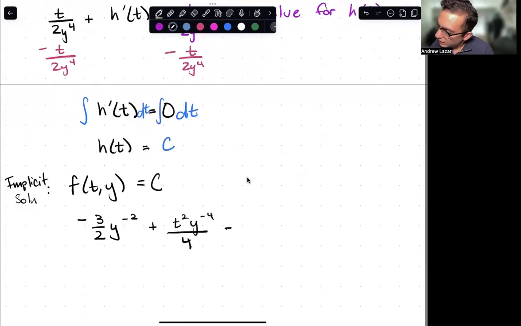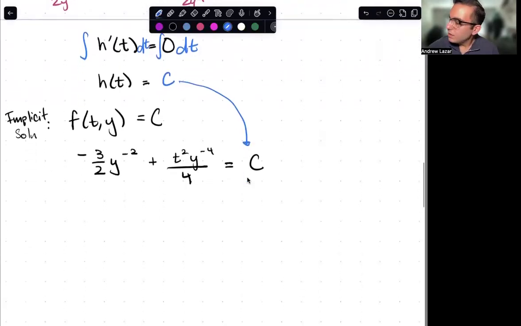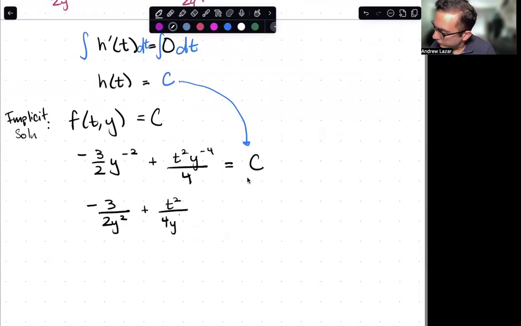This is just going to equal the constant h of t. Now, I like my solutions without negative exponents, so I'm going to rewrite as -3 over 2y squared plus t squared over 4y to the 4th. But that is our general solution.